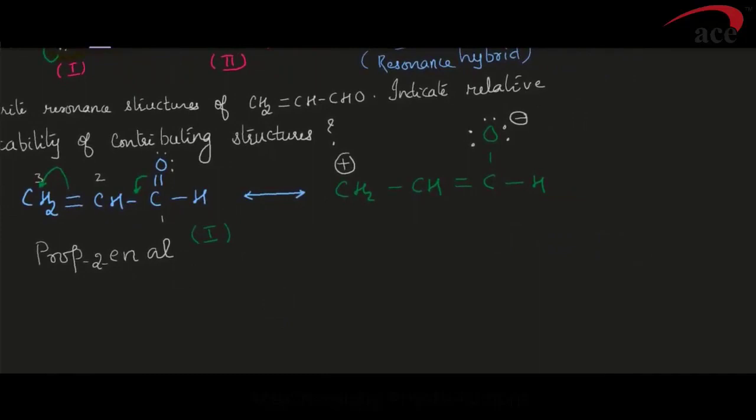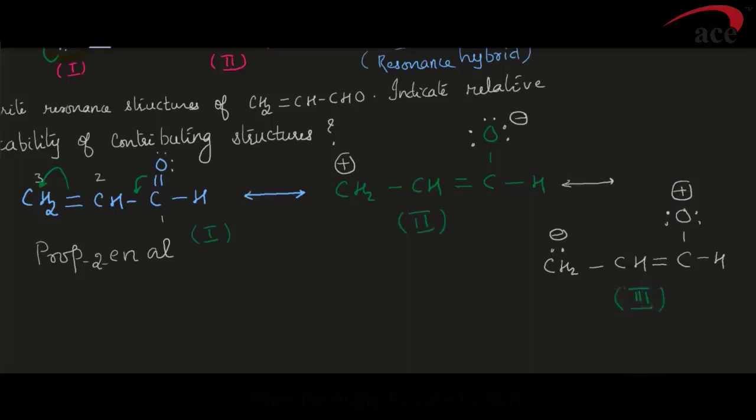This third structure can be written as CH2 with a negative charge, single bond CH, double bond C with the oxygen atom and H. Since oxygen has donated one lone pair, it will carry a positive charge. So this was structure 2 and this is structure 3.